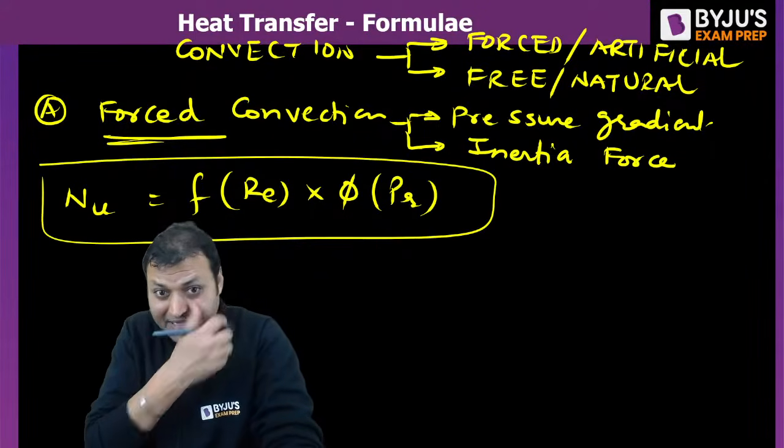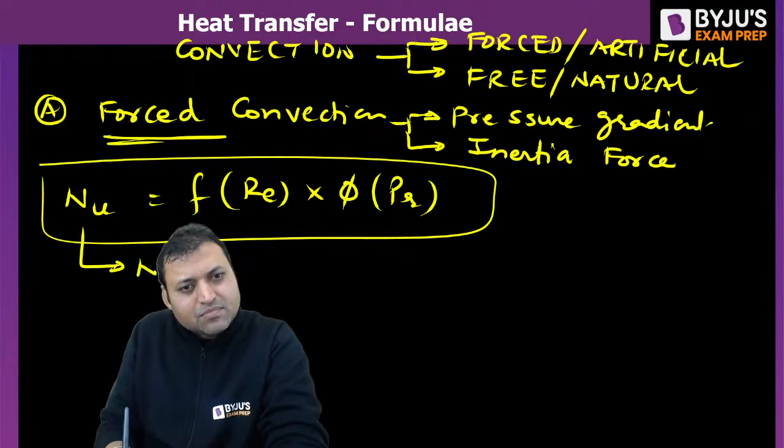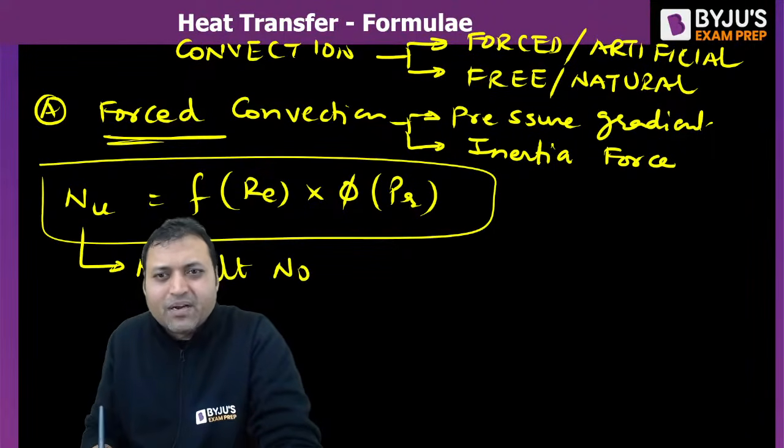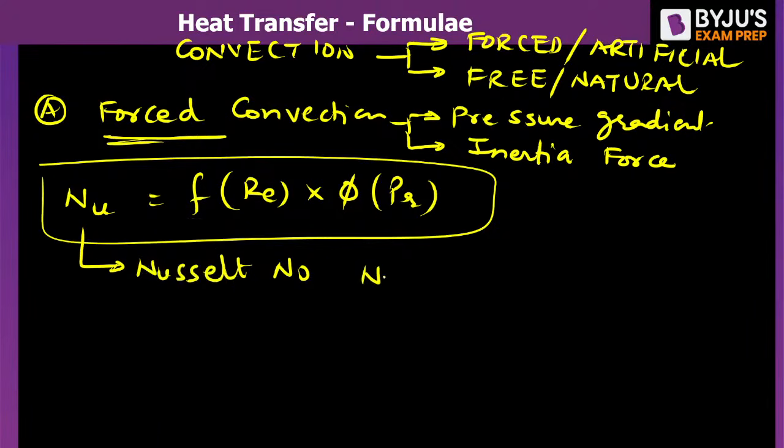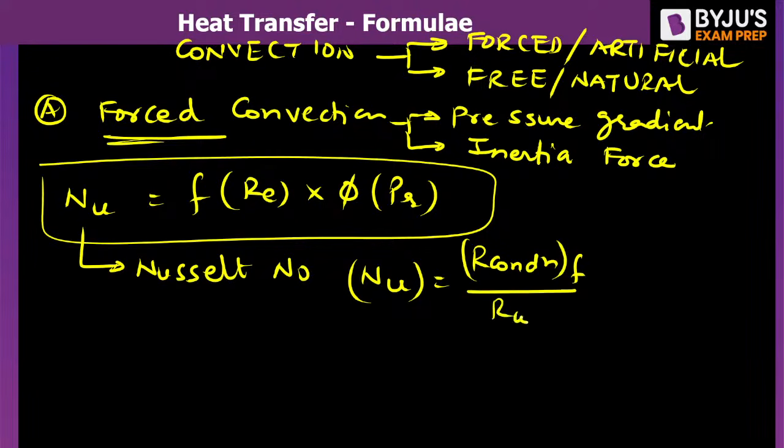Nu is the Nusselt number. The Nusselt number is given by the ratio of conductive thermal resistance in the fluid to the convective thermal resistance in the fluid, that is hL by Kf, thermal conductivity of the fluid.